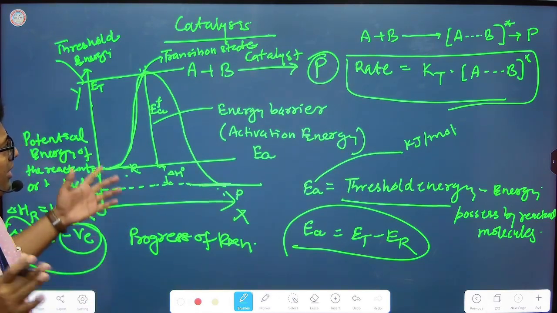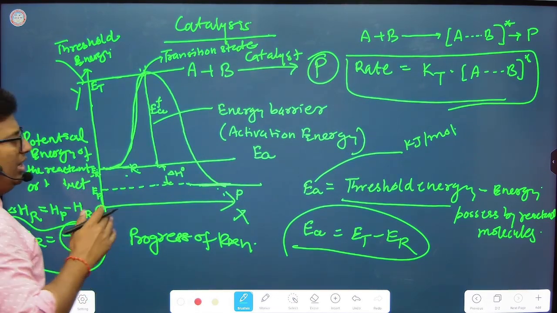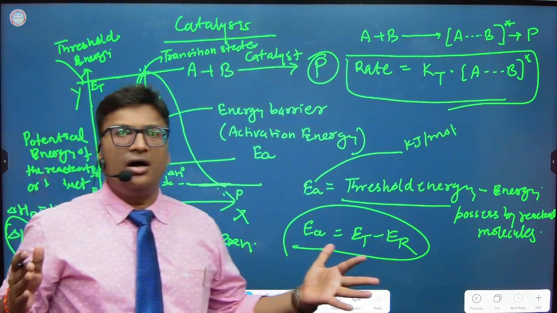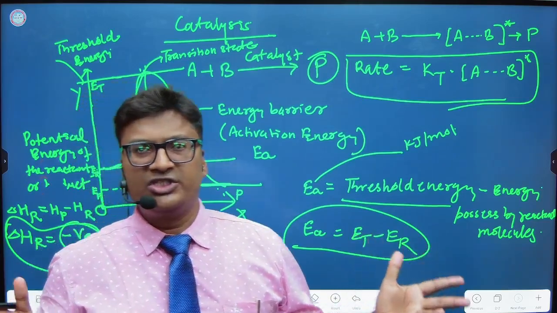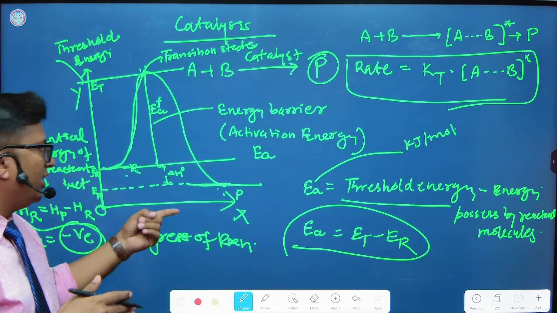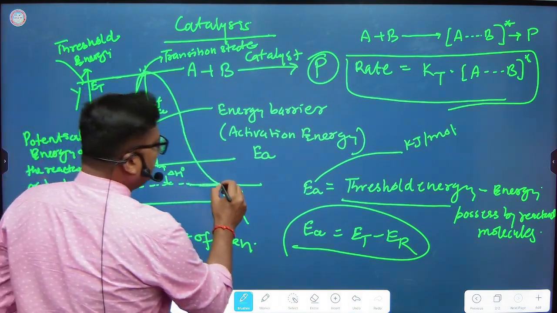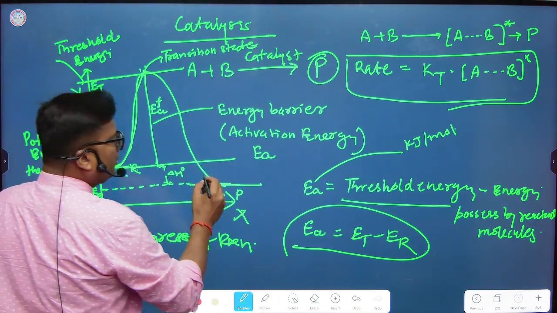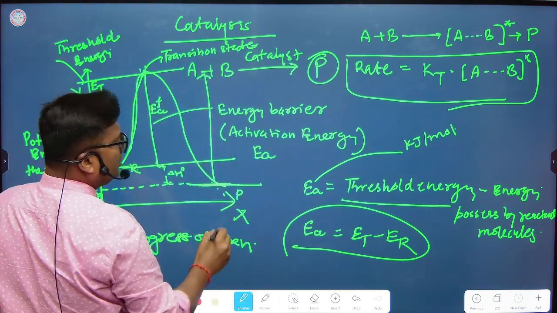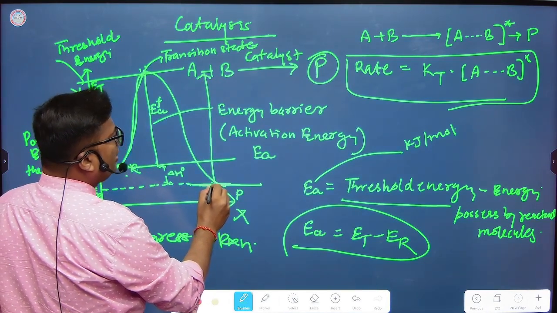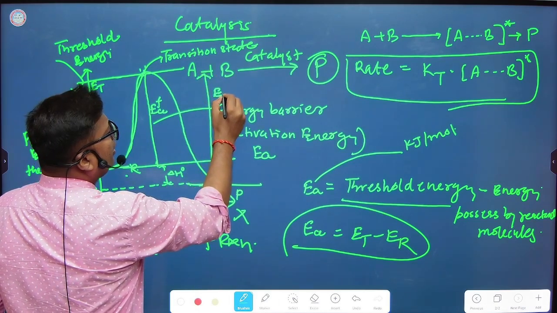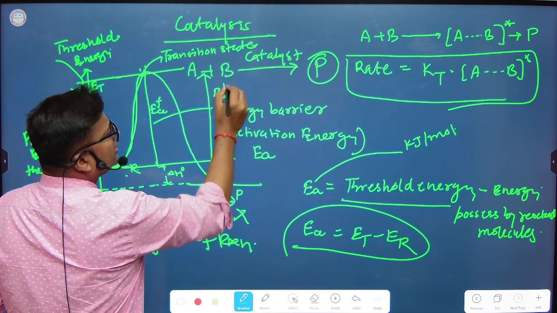And in contrast, if the reaction is reversible, it means the product undergoes decomposition to form reactants, then what happens here? We have to reach from this product molecule to this transition state. So this is called EA backward reaction, right?